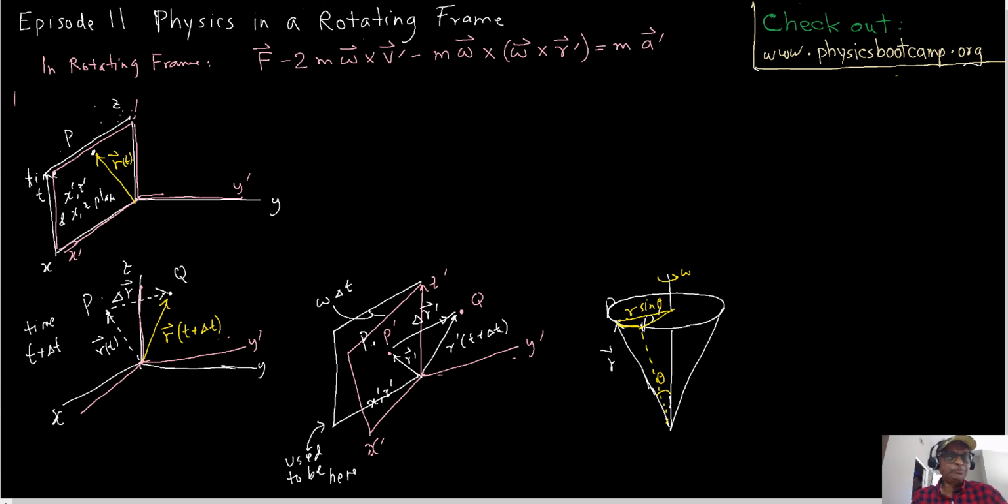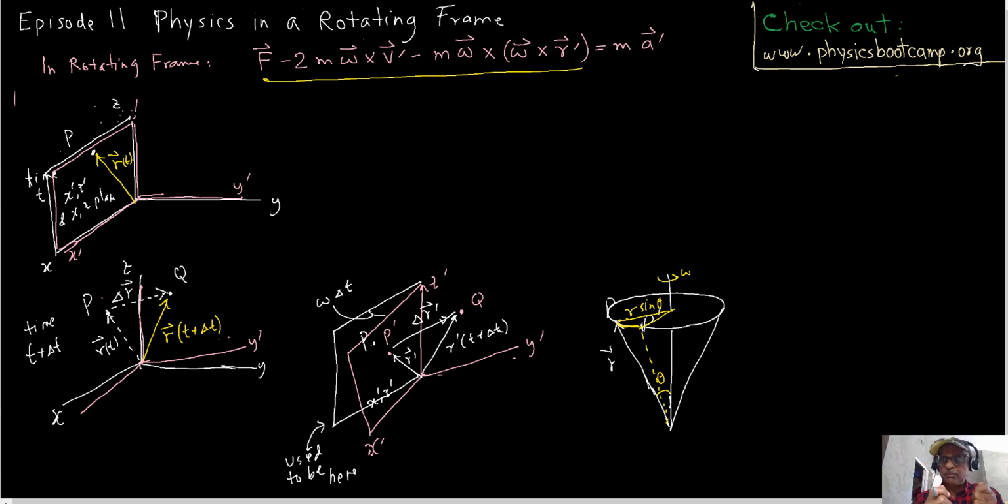Let's imagine, for simplicity, that the particle is at point P at time t, and that point P is in the xy plane, and the way the frames are rotating, their xy planes, xz planes are the same. So this thing written out here is that plane. The particle is in that plane at that instant.